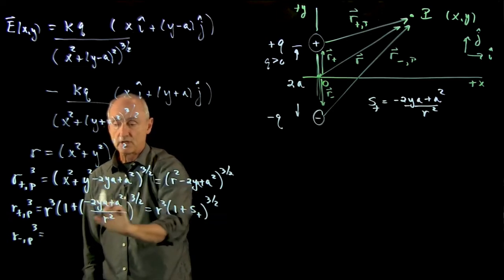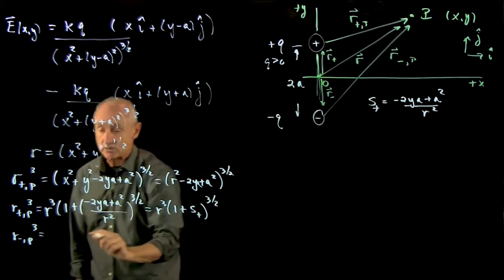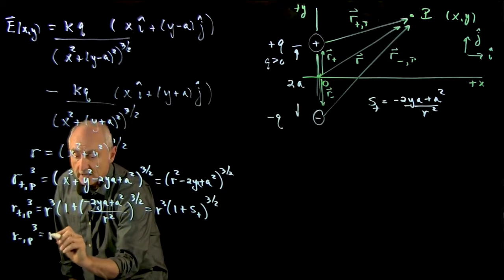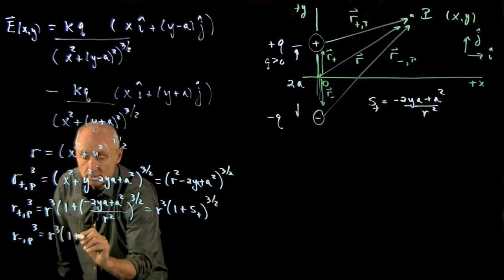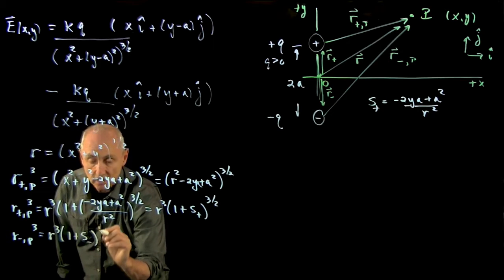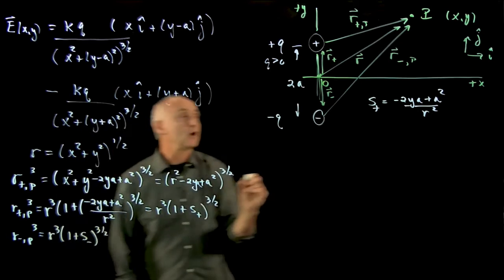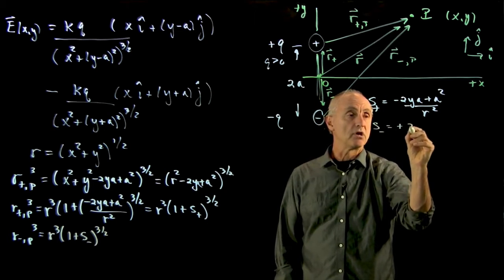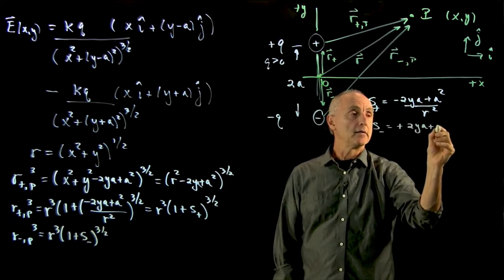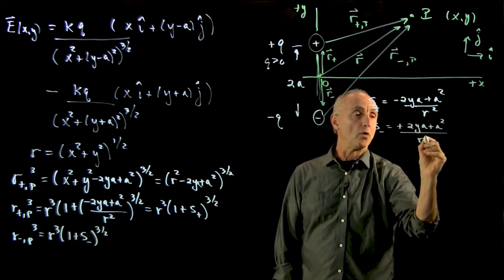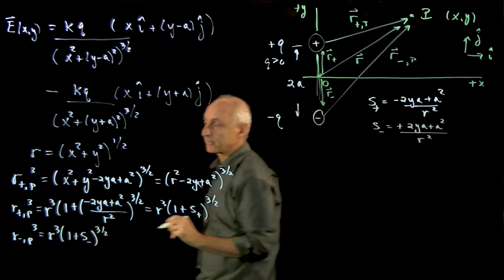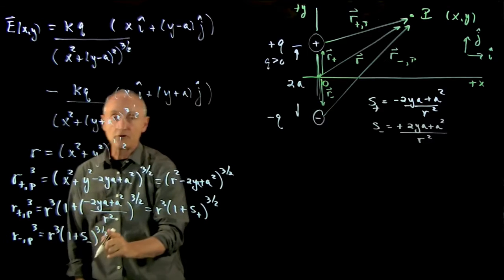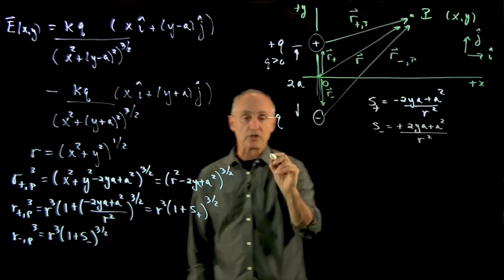So I'll call this s minus, and I'll write this as r cubed times 1 plus s minus to the 3/2. The only difference in this calculation is that s minus is plus 2ya plus a squared all over r squared. And that's the first step in setting up our expansions.